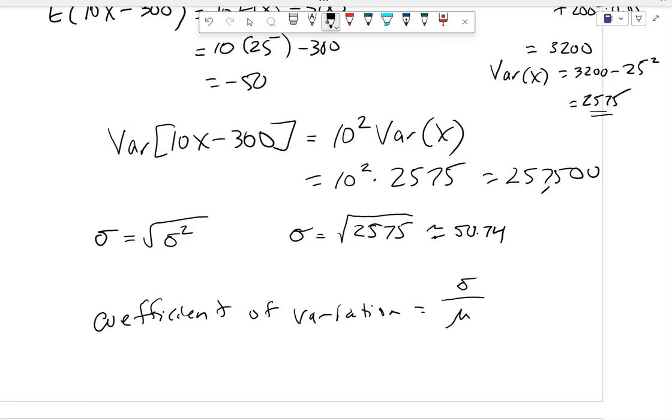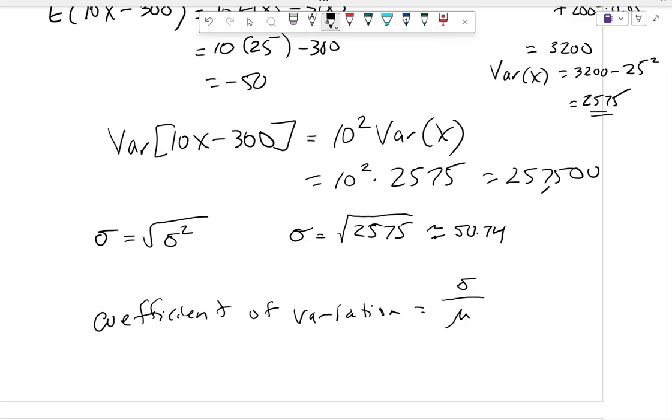It's just trying to give you a measure of scale. If you've got really big numbers and a small standard deviation, there's not a lot of spread to your data. But if you've got a big standard deviation and smaller numbers, then this is pretty spread out.